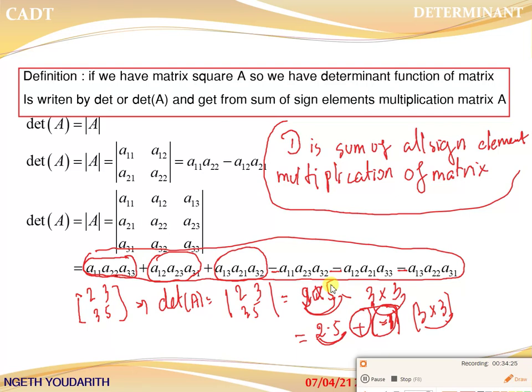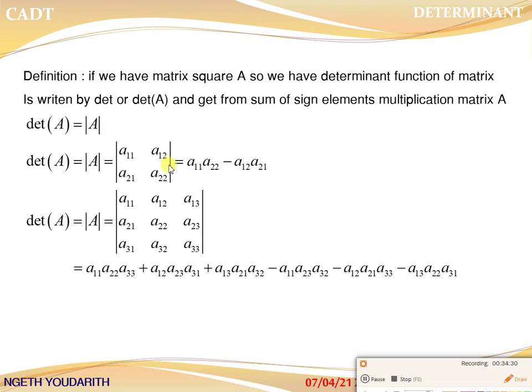So if you want to know why it's a negative sign, first I take only this one to show you. This one we have A11, A23, A32. So we take the column of A11 is 1, column of A23 is 3, column of A32 is 2. So we get the permutation 1, 3, 2. 1, 3, 2, how many inversions do we have?